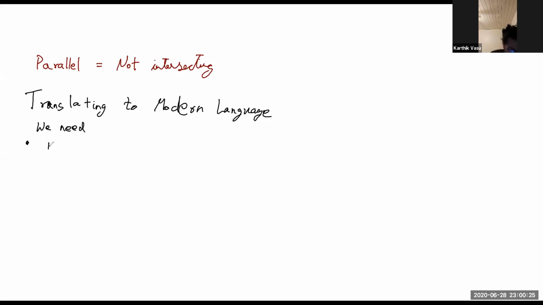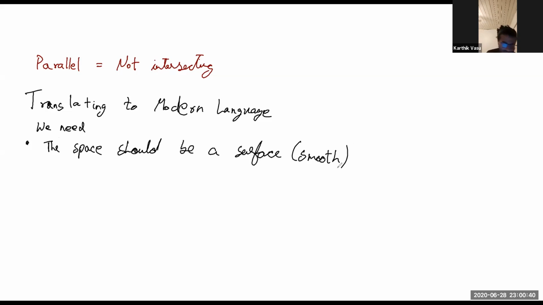A smooth surface, because why not? We also need a notion of distances so that we can measure radius and draw circles, which is a metric. We also need a way to measure angles.